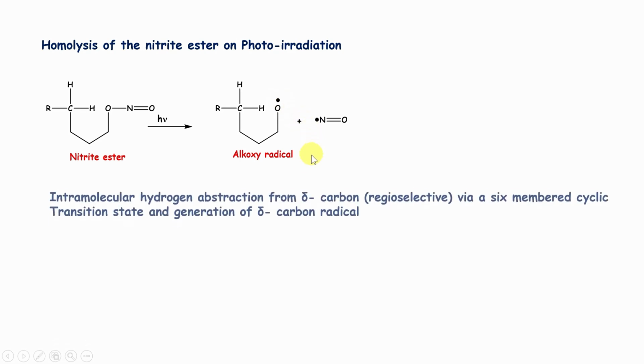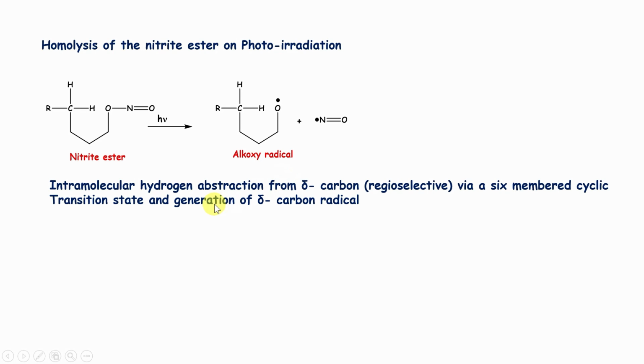And in the next step, intramolecular hydrogen abstraction by this alkoxy radical at the delta carbon atom, that is regioselective abstraction, takes place via a six-membered cyclic transition state, and the generation of a delta carbon radical.